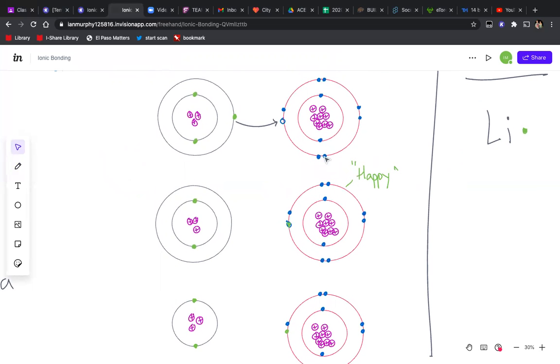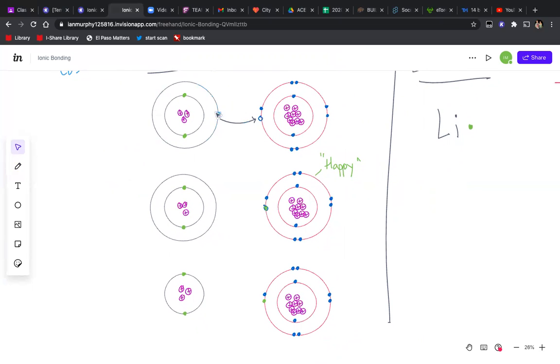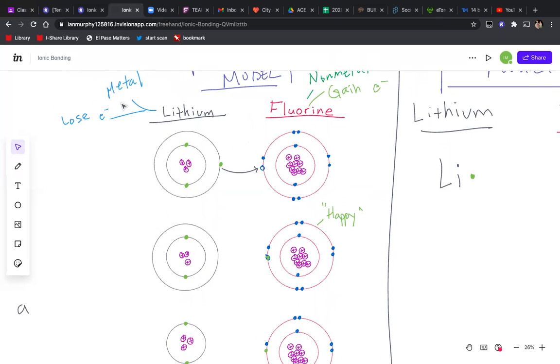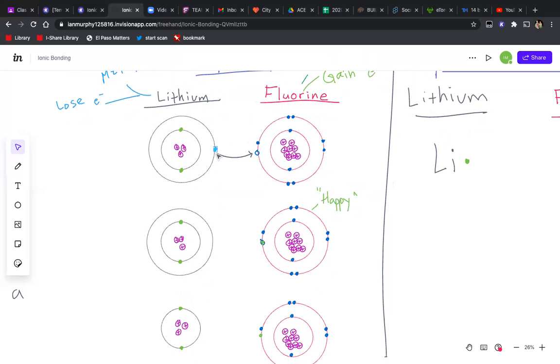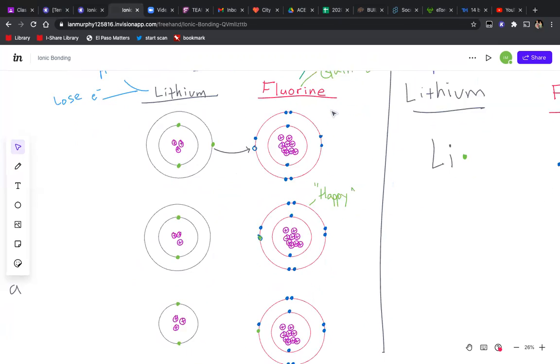So here's what we have. I'll go over this one more time real quick. Lithium's a metal. It has a low ionization energy. It only has 1 valence electron that it desperately wants to get rid of so it can obtain a full shell. Fluorine is a nonmetal and it has a high ionization energy, meaning it's going to gain electrons, right?